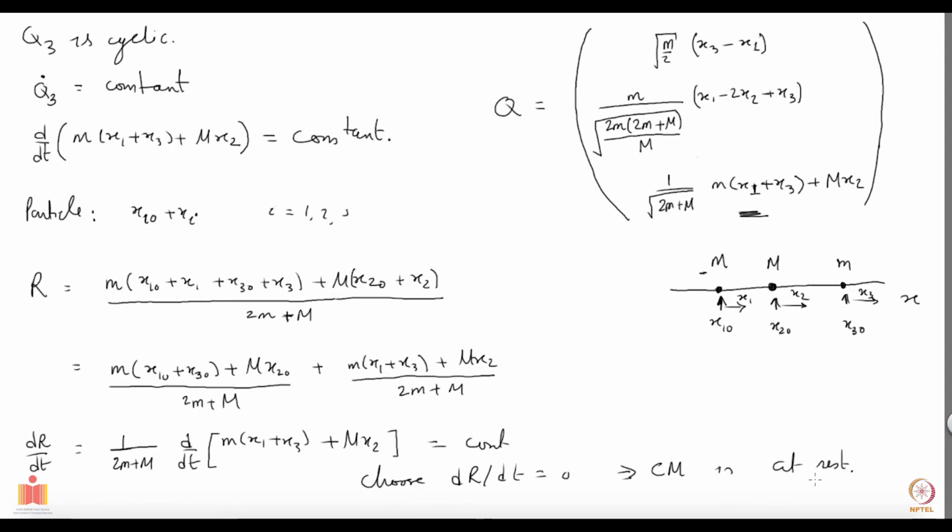Now this means that my R is a constant, right? Because dR over dt is 0. Now R is the sum of these two pieces, and if R is a constant, then this entire thing also has to be a constant.